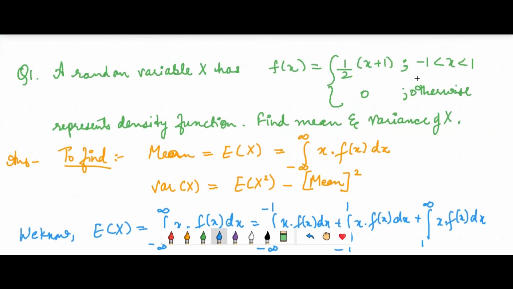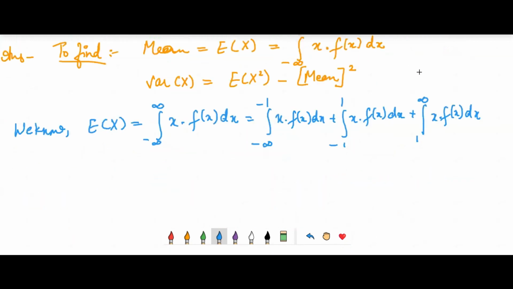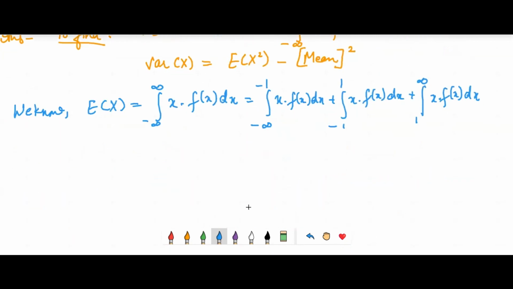So here we are given this range -1 to 1 and 0 elsewhere. This means that the value of the function is only valid in the -1 to 1 interval, and it is 0 otherwise. So here f(x) is 0. Here also f(x) is 0, as we could see.